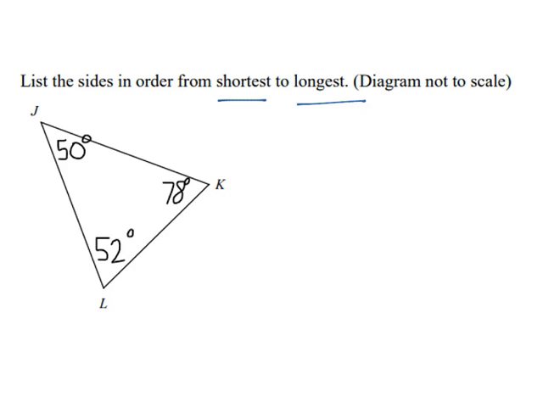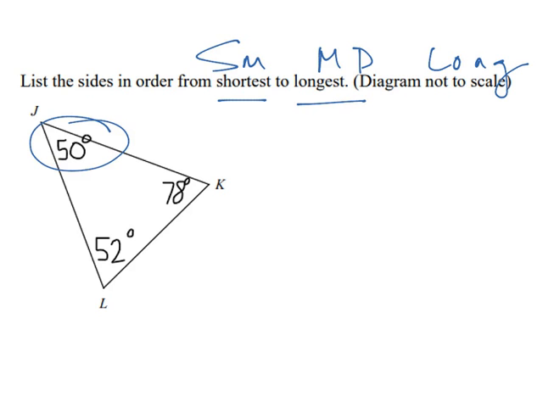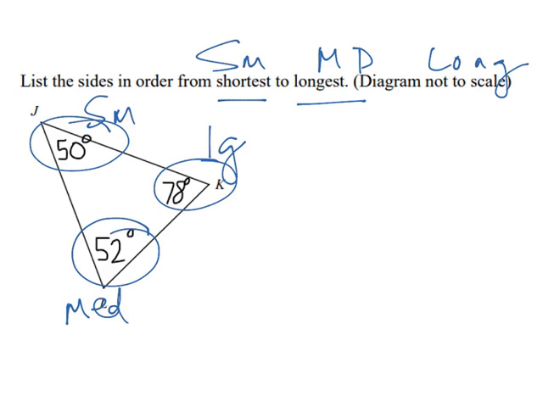So I'm going to go small, medium, long, and that's going to be according to these angles. So if this is my small, this here would be my medium, and this here would be my long or large.